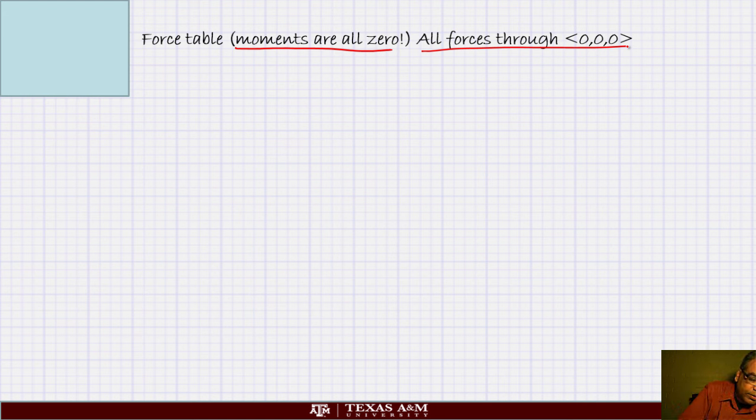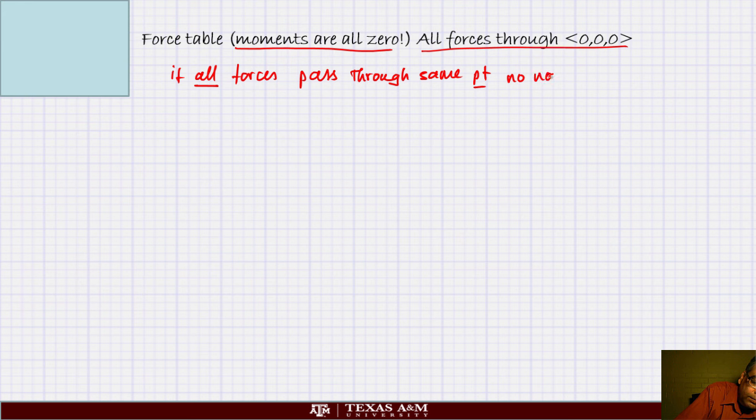If all the forces pass through the same point, no need to check moments. So I don't even have to list all the positions because all the positions are known.